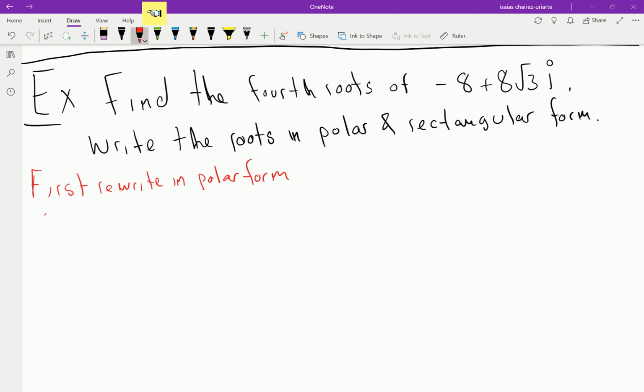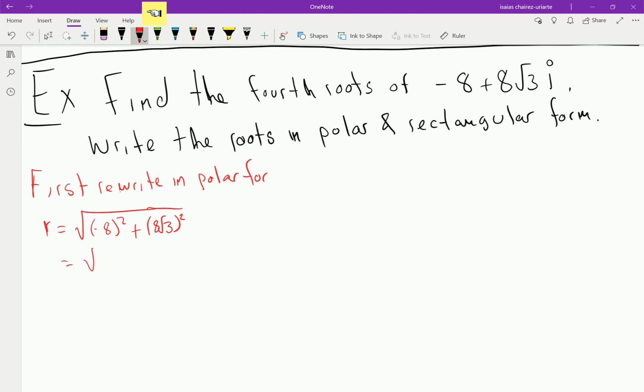Okay, so then I have to find my radius. That's going to be the square root of (-8) squared plus (8√3) squared.